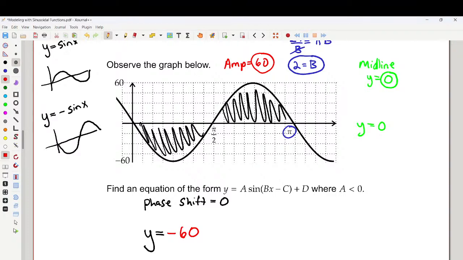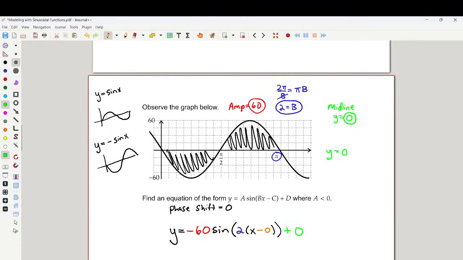Okay, so -60 sine, put in my b value, put in my phase shift. Even though it's a waste of ink, I'm doing it for completeness. And then put in my midline. So everything we found up there and this specific value.